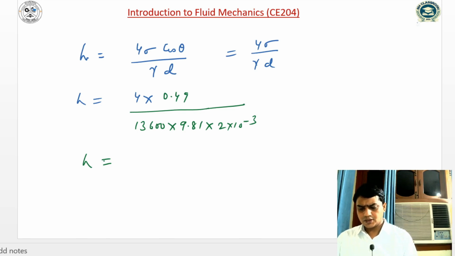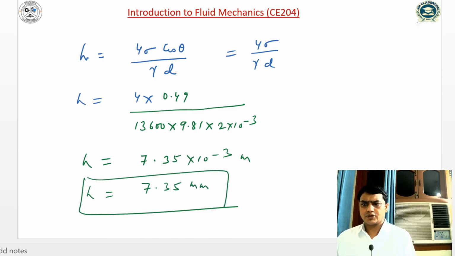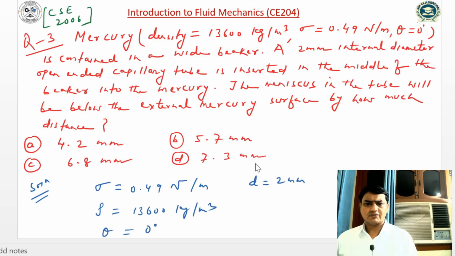So it is 7.35 into 10 to the power minus 3 meter. So H can be written as 7.35 mm. So if I see the option 7.3, so D option is correct.